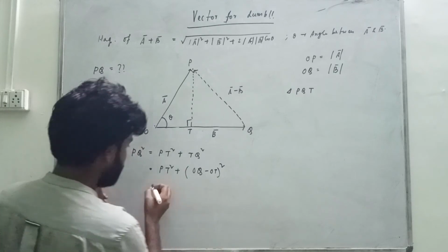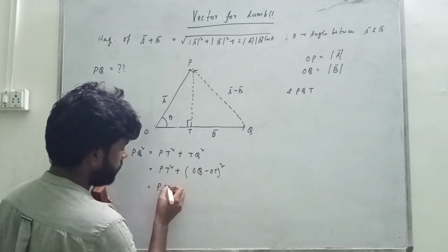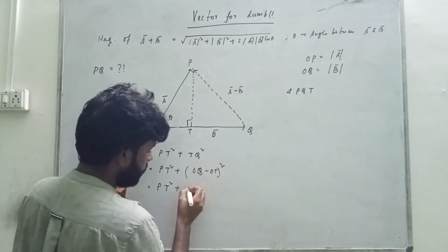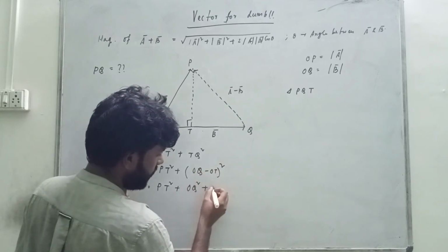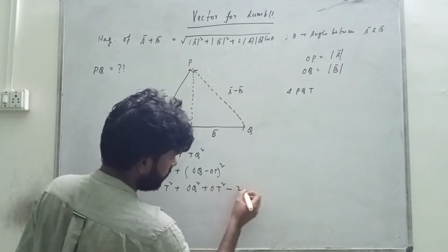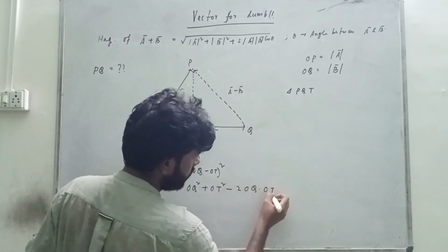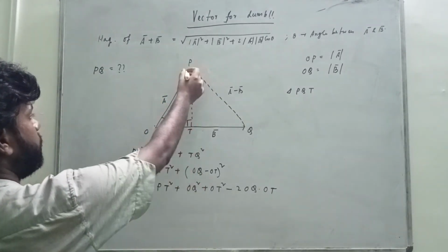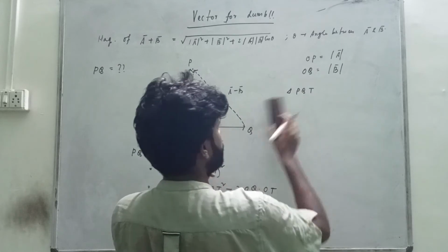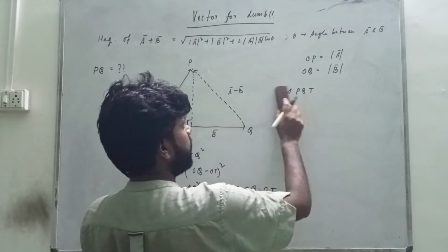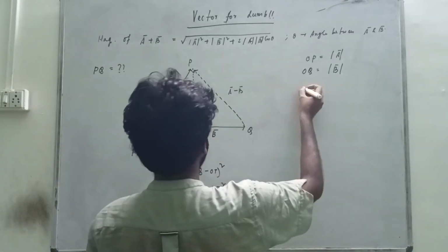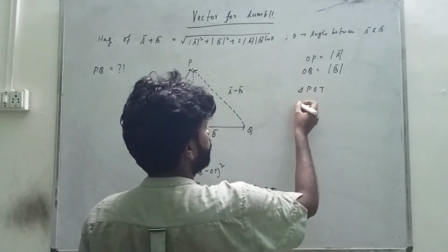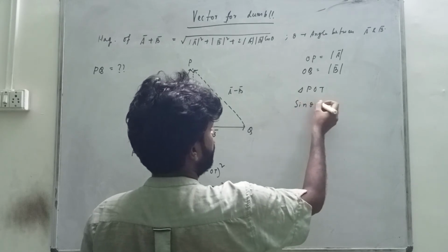And just squared: PT squared plus, it is a very simple case, just A minus B whole squared, OQ squared plus OT squared minus 2 OQ into OT. Now just take the triangle POT. What will be the sine of this angle theta?